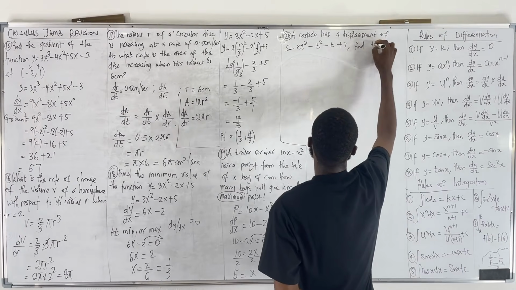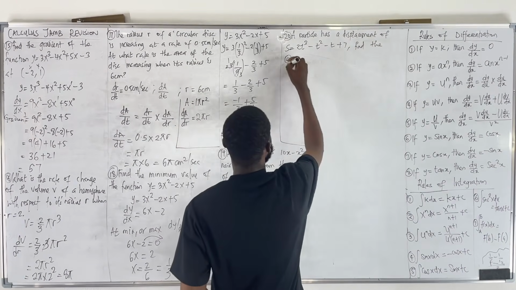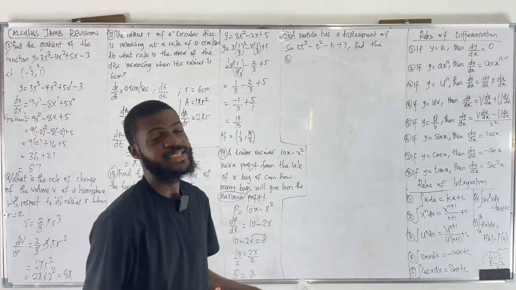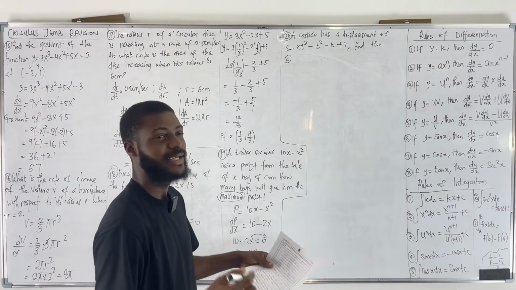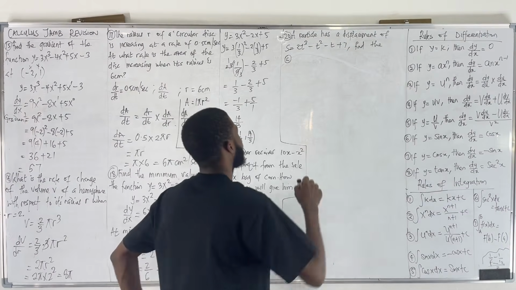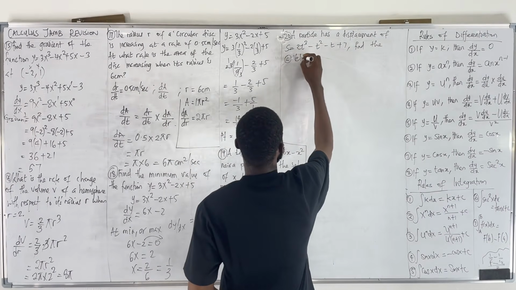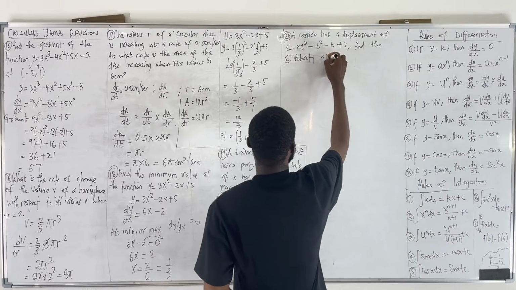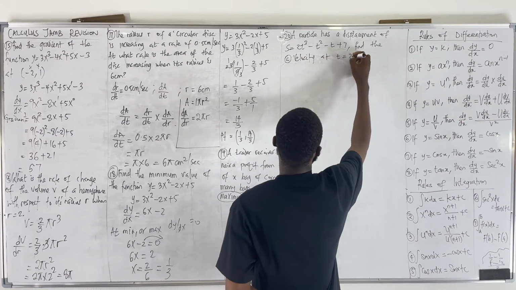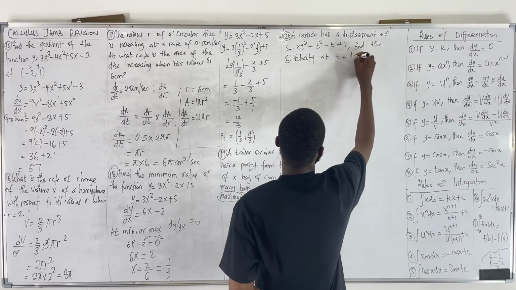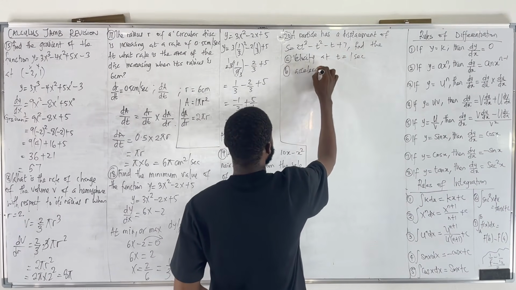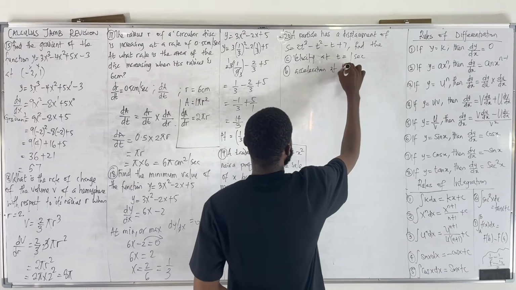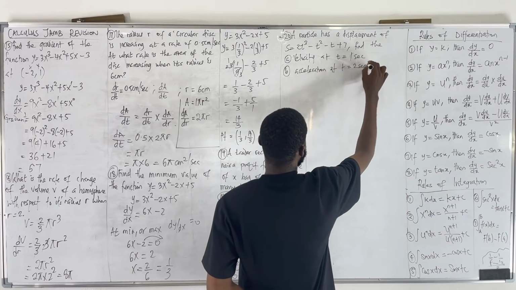Find the A. The reason I'm doing A and B is because you could ask any of them. Don't get it wrong. JAMB will not ask 2 questions in one. So I just want to do 2 at once. So find the velocity at t equal 1 second. Then B, find the acceleration at t equal 2 seconds.